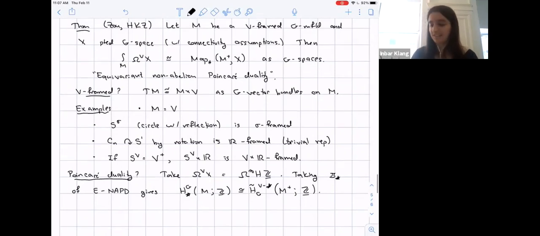And this one is non-abelian because instead of just taking these G commutative things, we can take any Omega^V of X as well.